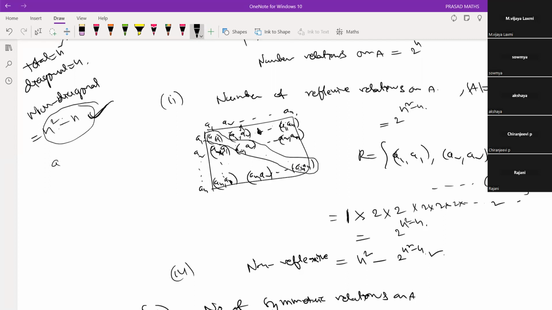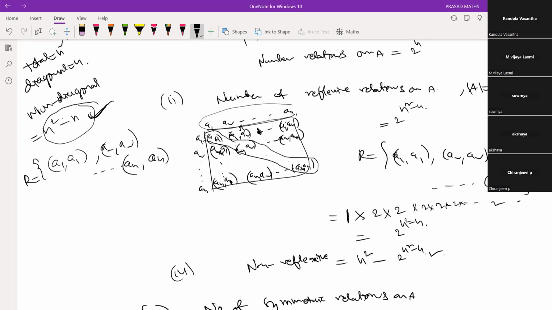How many elements did I take here? n elements. To define reflexive, a1 is related to a1, therefore a1 comma a1 should be present in the relation. Whatever relation you take, a1 a1 should be there. Similarly a2 a2, and similarly for all n elements.